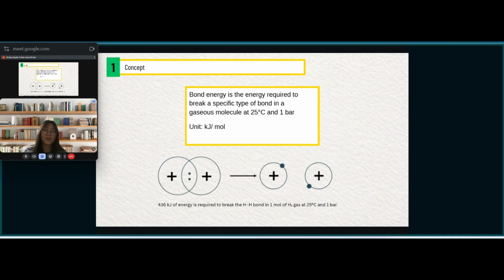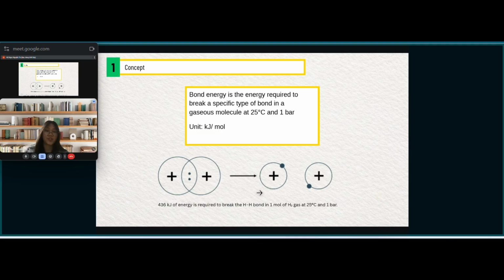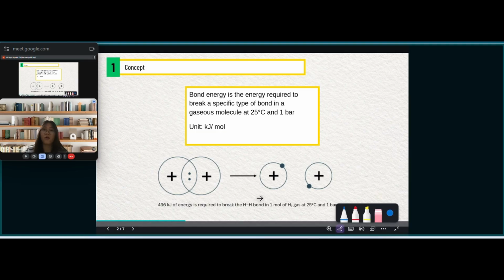So when I chop it, I require energy, and 436 kilojoules of energy is required to break the H-H bond in 1 mole. That's a lot of energy, right? With just two atoms, I have to use 436 kilojoules.